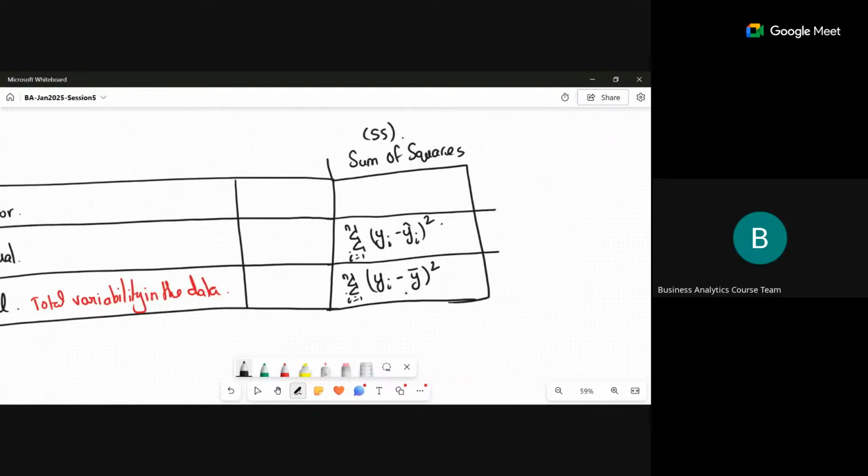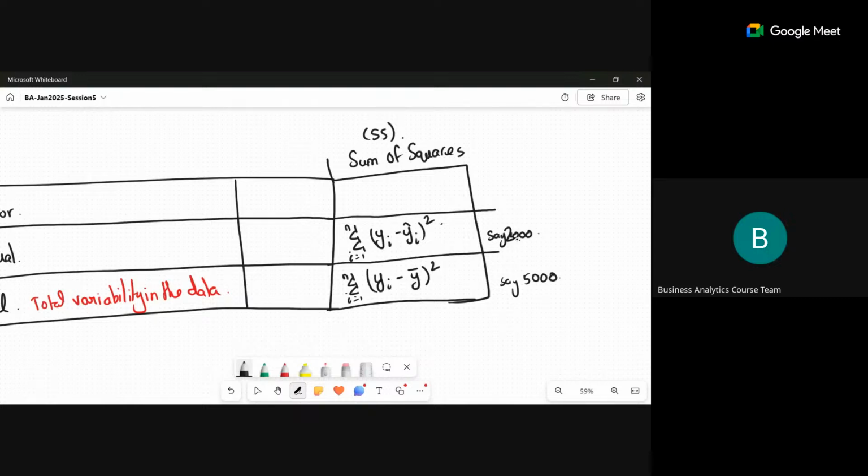So SST is, say, 5000. Out of this 5000, the errors are taking, let's say, 2000. So of the 5000 total variability, 2000 has gone to errors.